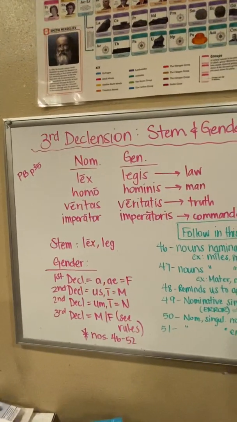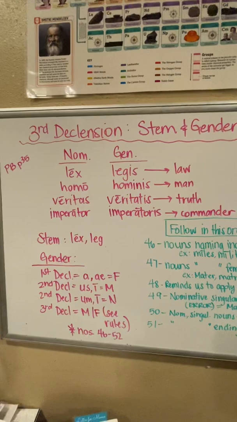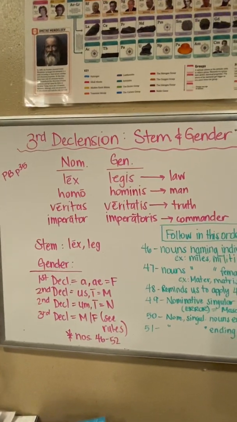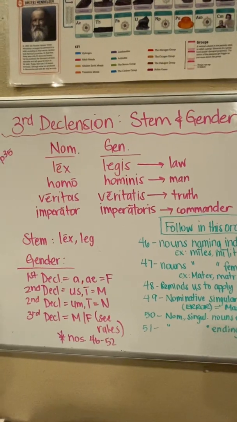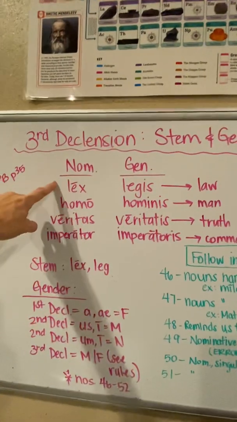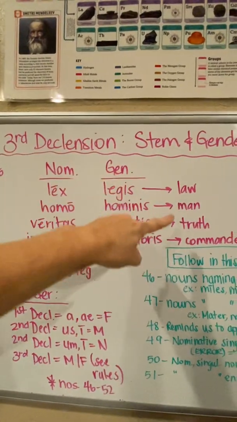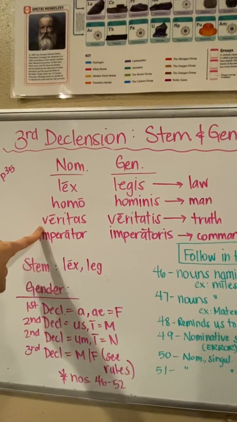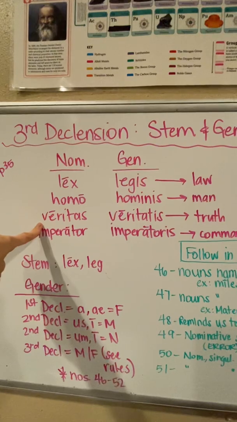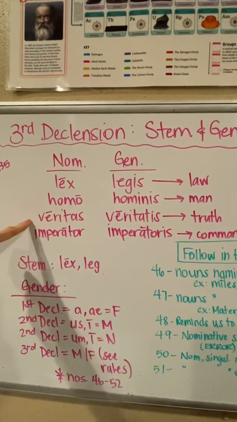Flumen is our neuter, and so I'm not going to talk about that in these videos at this point. When we are discussing the third declension, we have to determine the gender of these words. These words simply have a meaning, but the gender is not given. They're either masculine or feminine or neuter, and we have to determine that.